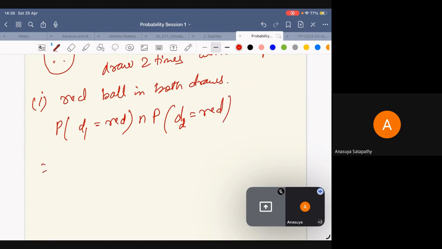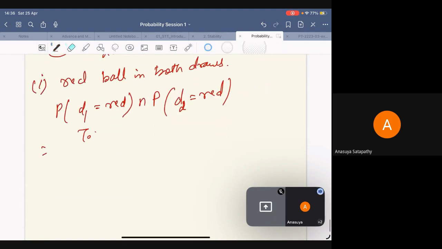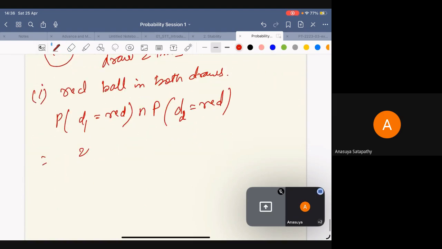That means for draw 1 red, how many balls do we have? Total balls is 100, with 20 red balls, so it will be 20 by 100, first one, without replacement. So how many red balls are remaining? 19. And what is the total number of balls now? 99. So 19 by 99.